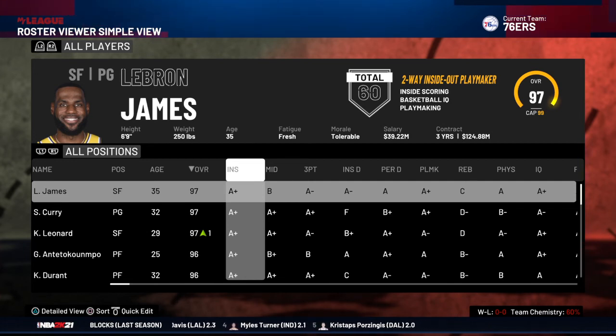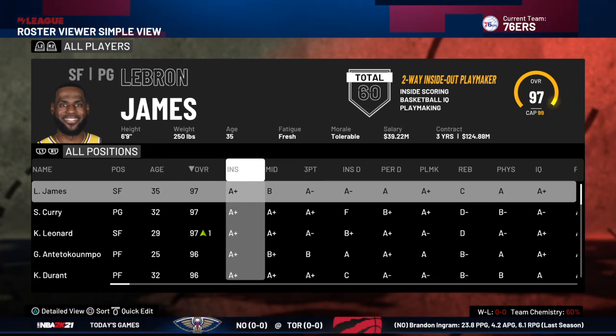It's not based on perception, because none of the players are real. So the future in MyLeague is purely based on what that player's ratings are, versus something different when we're talking about the current roster.